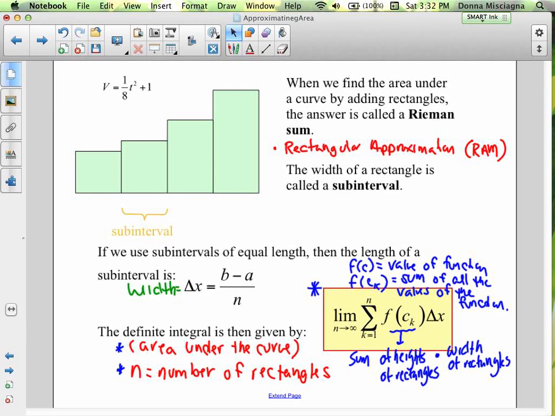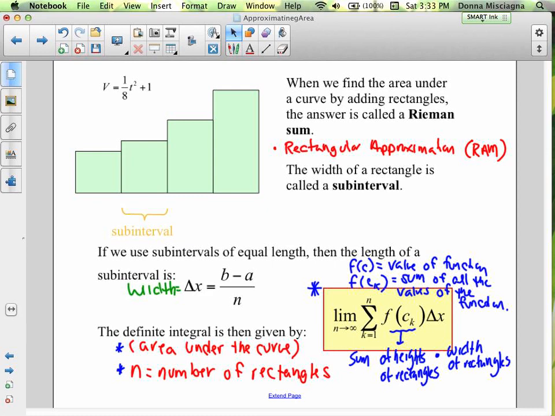All right, so n is the number of rectangles. This will become important a little later on in this lesson, so just kind of take it in. We're going to come back and see this.